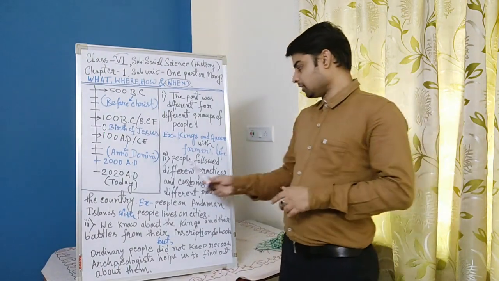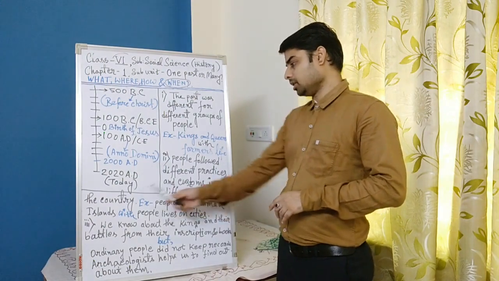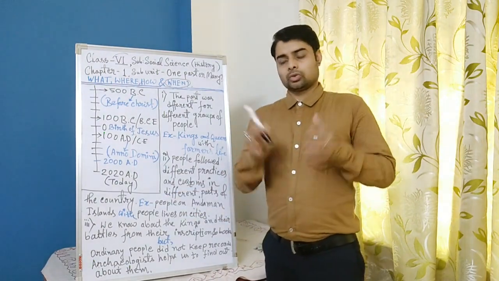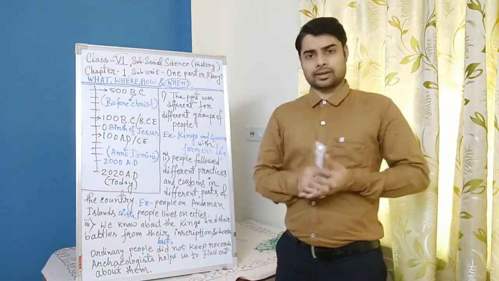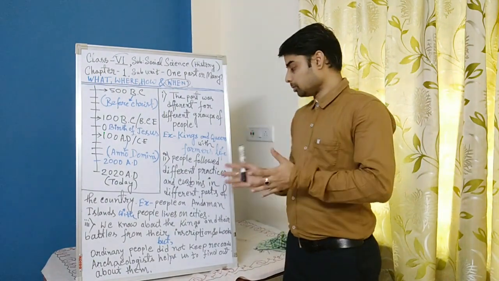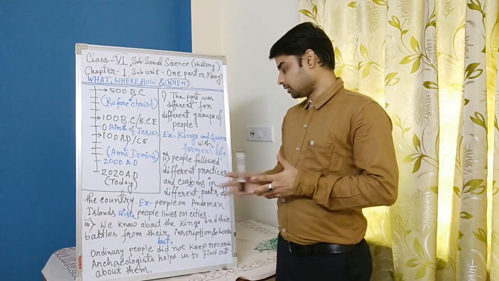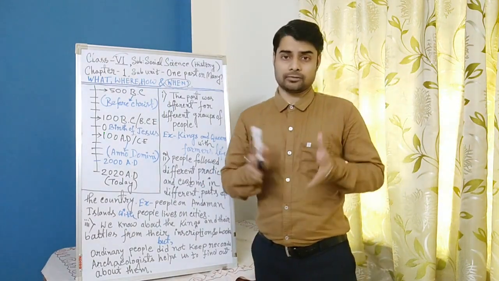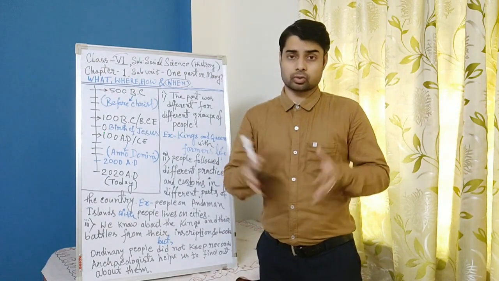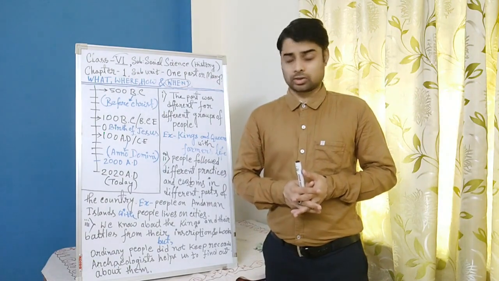Next, people followed different practices and customs in different parts of the country. Maybe all the people live in one country, but there is a big difference, because though they are living in the same country, their practices and customs are different, because they belong to different social, religious, political and economic backgrounds.